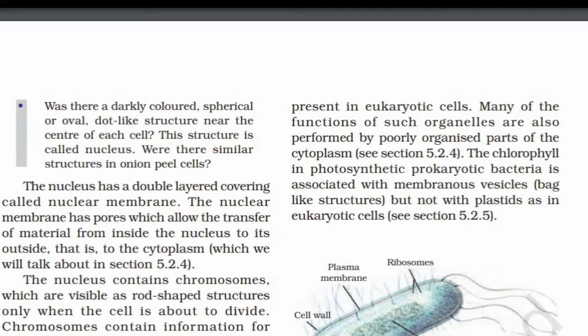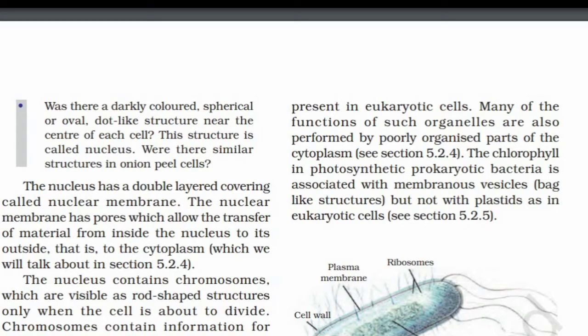The area outside the nucleus is called cytoplasm. The pores in the nuclear membrane allow transfer of material. Material goes into the nucleus and material comes out of the nucleus.